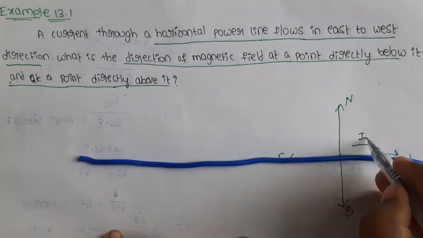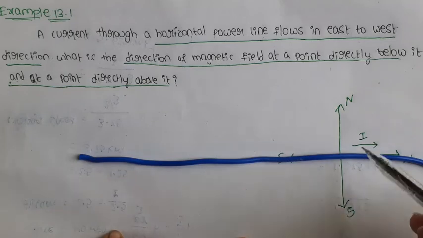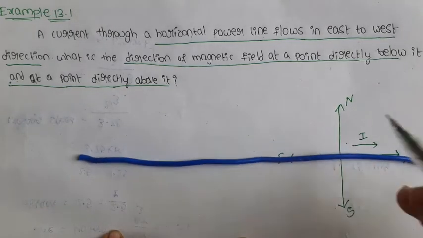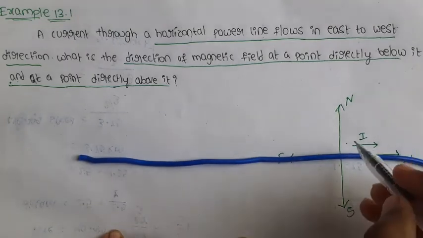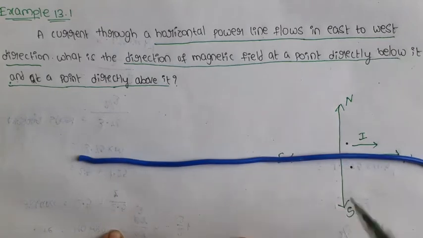Okay. In this situation, what is the direction of the magnetic field above the wire and below the wire? Above the wire is this point, below the wire at this point. At this point, what is the direction of the magnetic field?